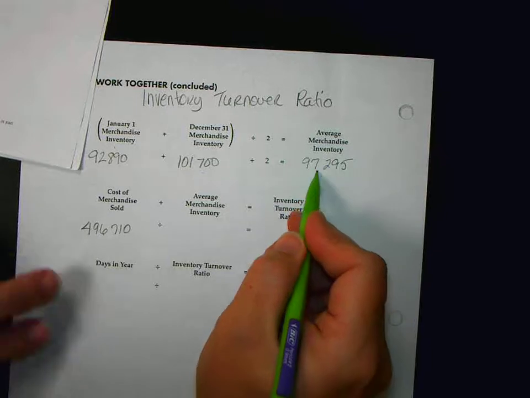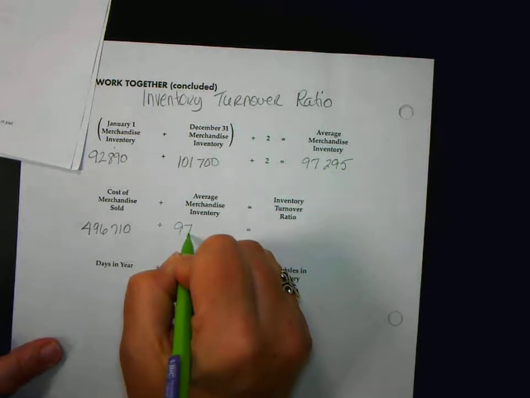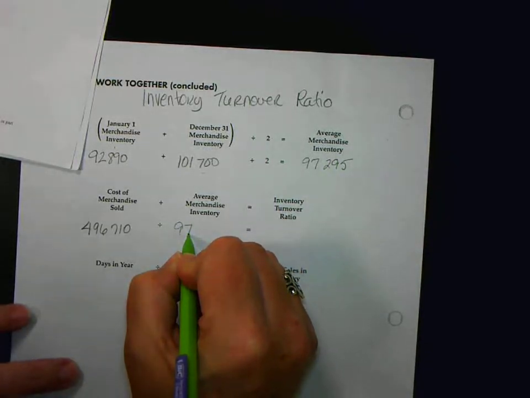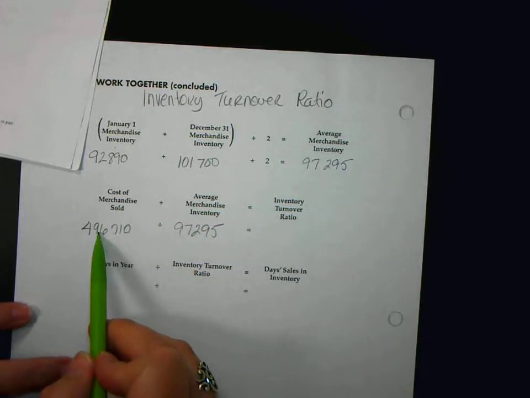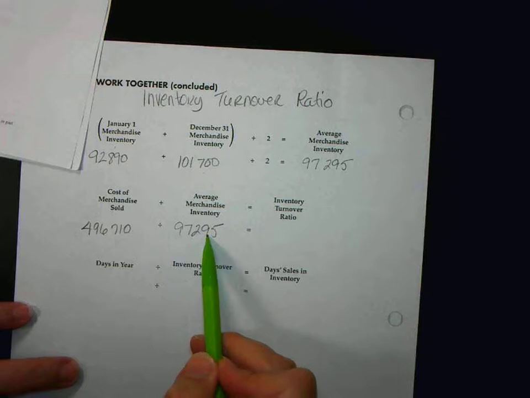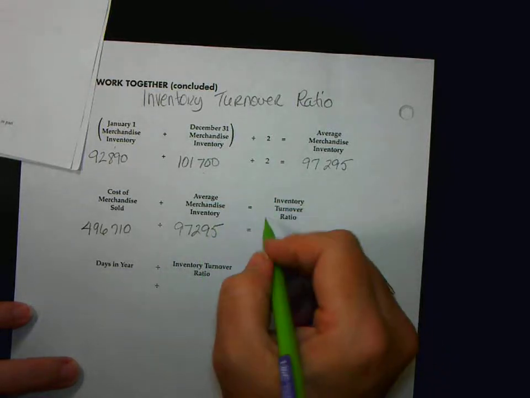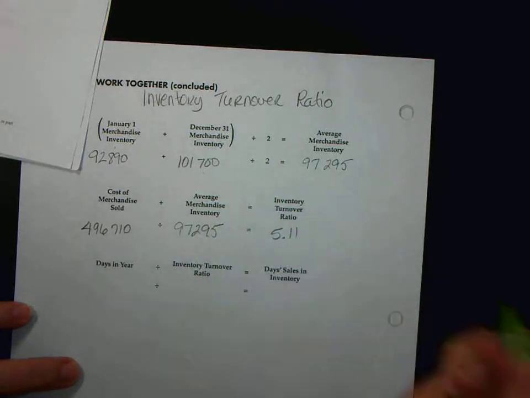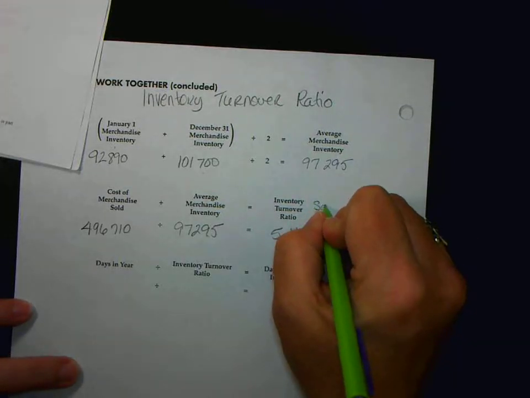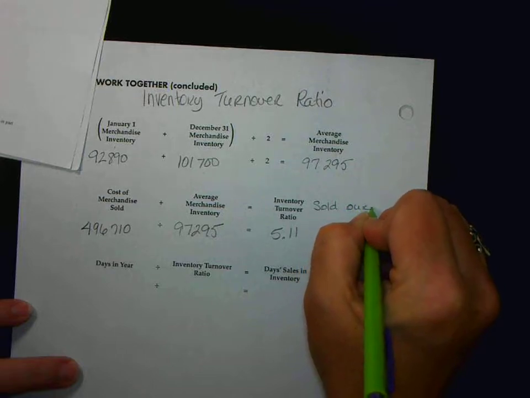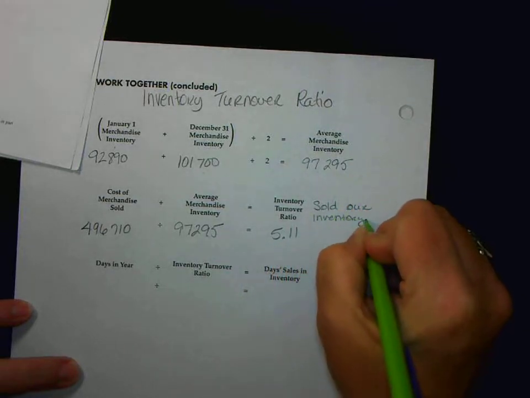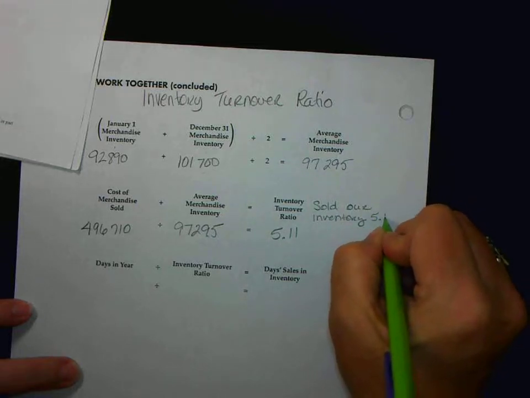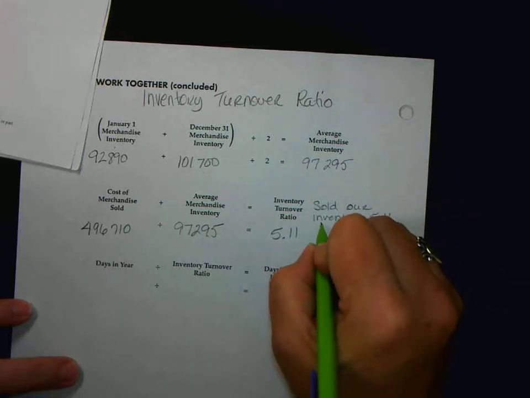The average merchandise inventory, 97,295. Okay, so the total for the year, merchandise sold, divided by the average, gives us a ratio of 5.11. Okay, this means that we sold our inventory 5.11 times this year.